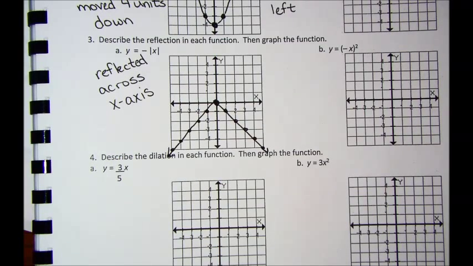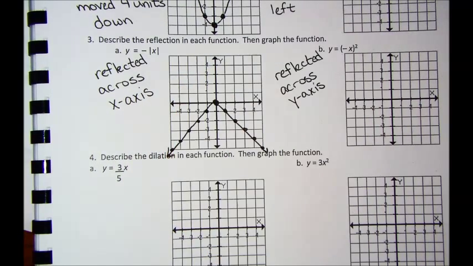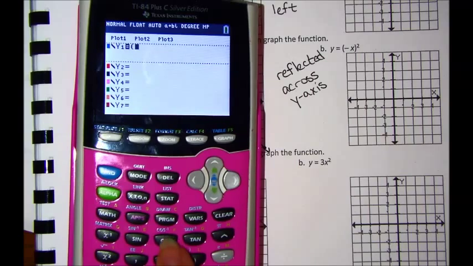Next one. The entire parent graph is not being multiplied by a negative, just that x inside the grouping symbols. Therefore, it's reflected across the y-axis. To get a graph for this, you can type it into your calculator and find the table. Make sure you put parentheses where they're supposed to be.